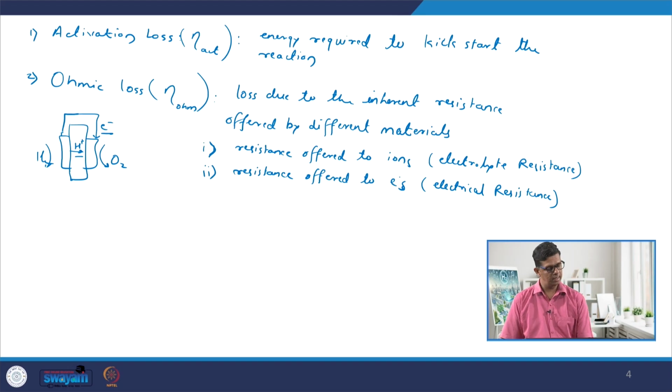The second one is the electron: when they travel through the external circuit, or through different components of the cell, when they jump from one material to the other, there is also a resistance offered to those electrons, and that is also incurred in this ohmic loss. Third is your mass transfer loss.